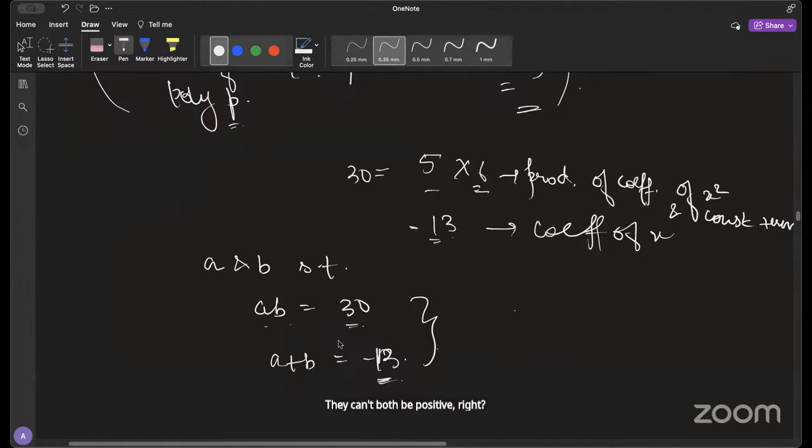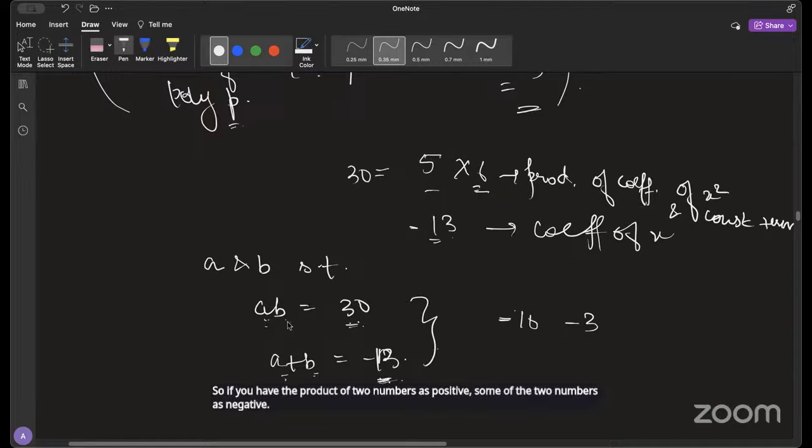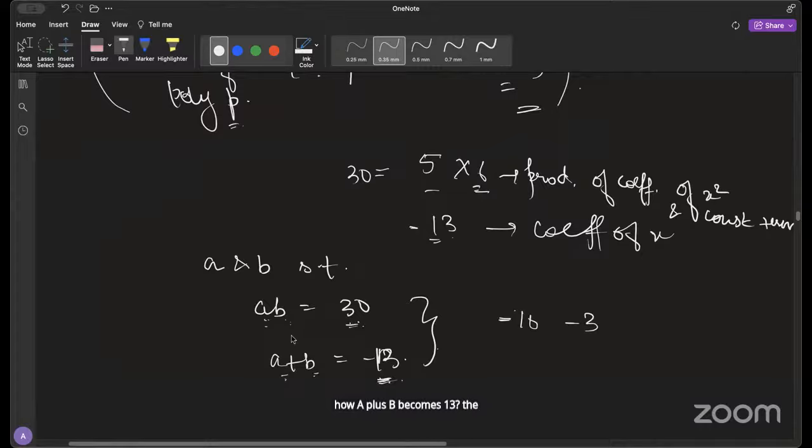Otherwise the sum is not going to be negative. Minus 10 and minus 3. Right. And one hint for the negativity is that if you have the product of two numbers as positive and the sum of the two numbers as negative, then those two numbers a and b should become negative. Can you clarify that?